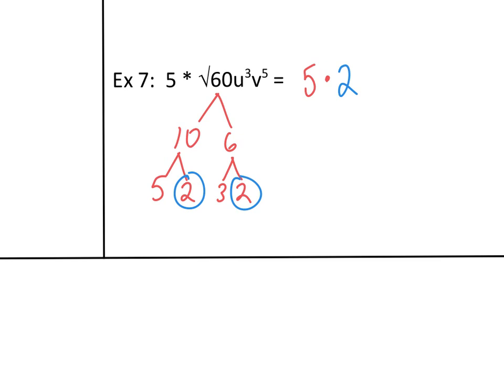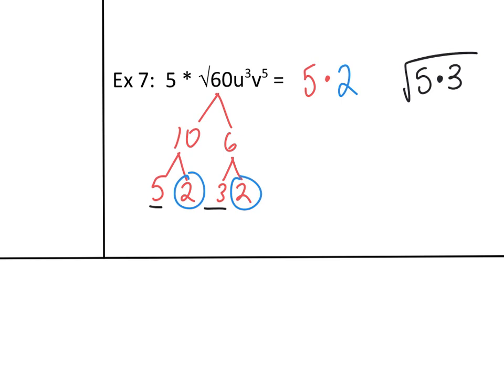What do we not deal with yet? 5 and 3. Are those the same number? No, so they cannot be a group. So we leave them where? Yep, underneath the radical. So it's just 5 times 3. Don't put 53, okay? It's not the number 53. It's just those 2 values being multiplied.